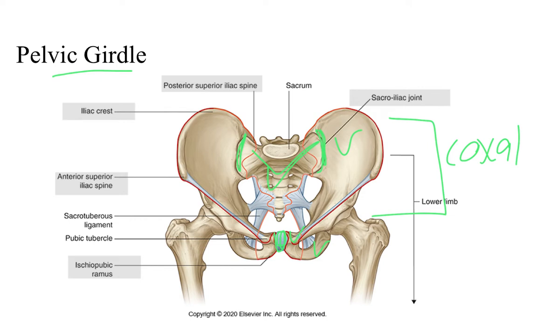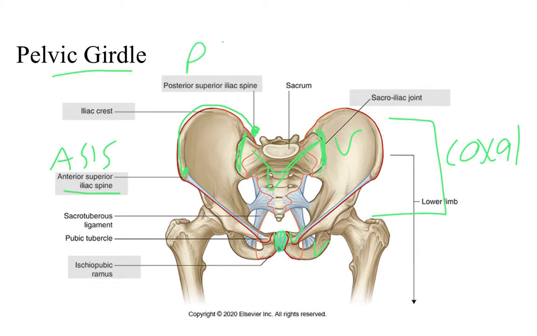Some points to be aware of as they mark borders or landmarks that can be palpated. Your posterior superior iliac spine, or PSIS, is at the posterior border of your iliac crest, and at the anterior border you have the anterior superior iliac spine, or ASIS.